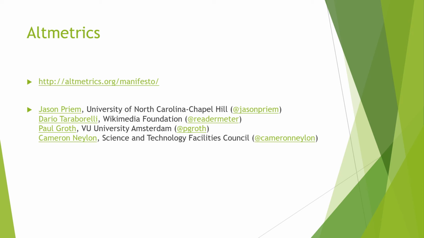That dog-eared but uncited article that used to live on a shelf now lives in Mendeley, CiteULike, or Zotero, where we can see and count it. That hallway conversation about a recent finding has moved to the blogs and social networks. Now we can listen in. The local genomics dataset has moved to an online repository. Now we can track it.